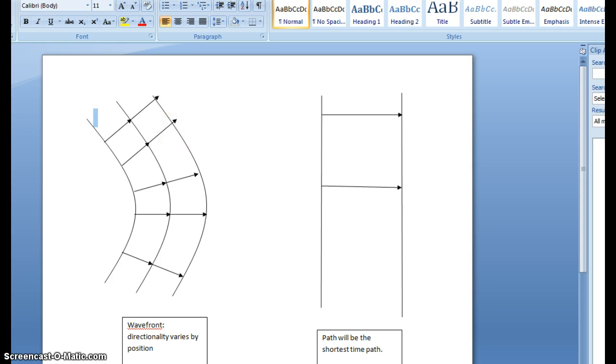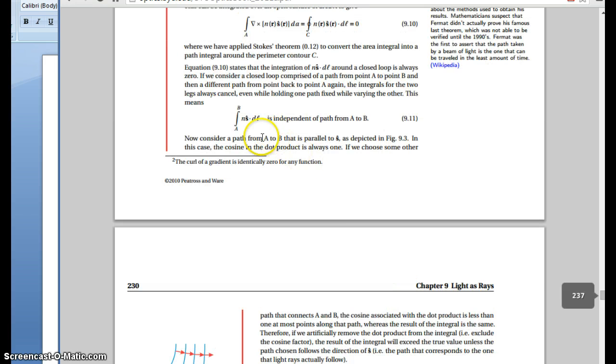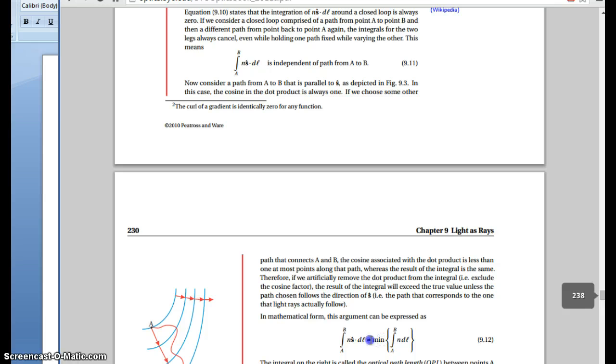So let's see. Do we convert that back? Well, here we go. The minimum. We're going for the minimum amount of the smallest amount of distance traveled.